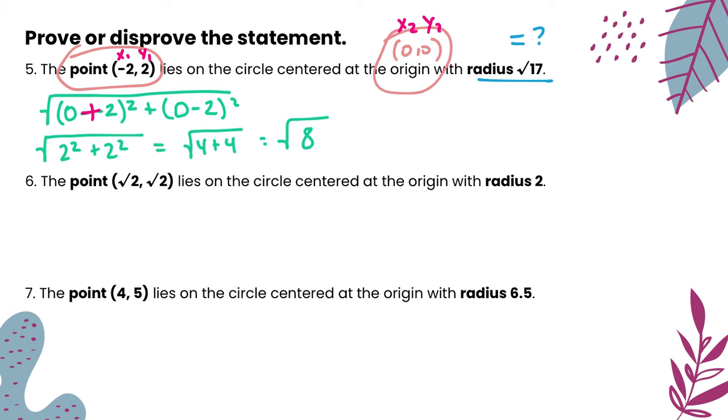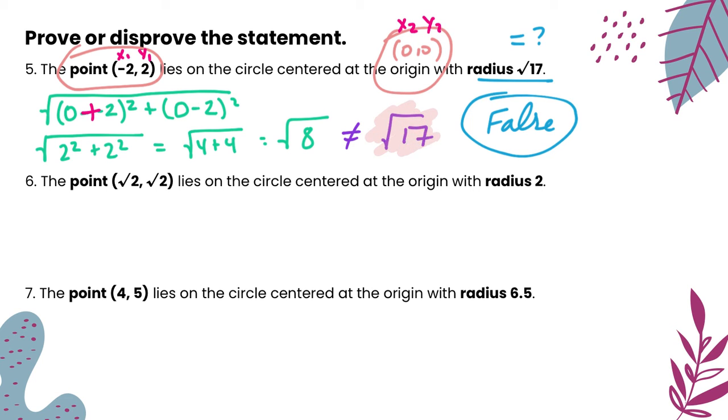So the square root of 8 does not equal the square root of 17. So this statement is false. And we get that by comparing the radius with the distance.